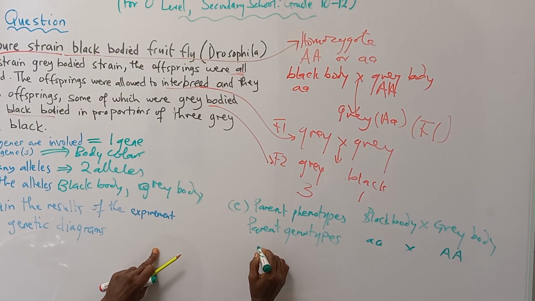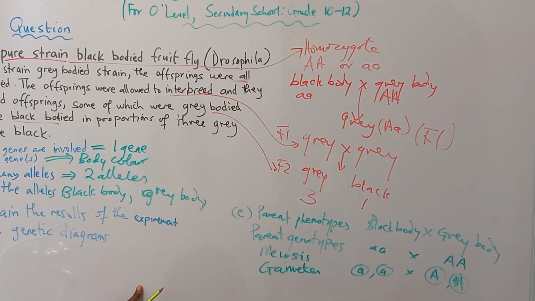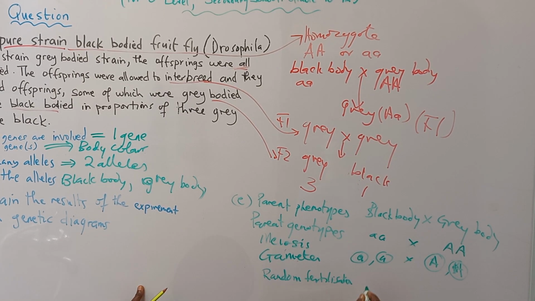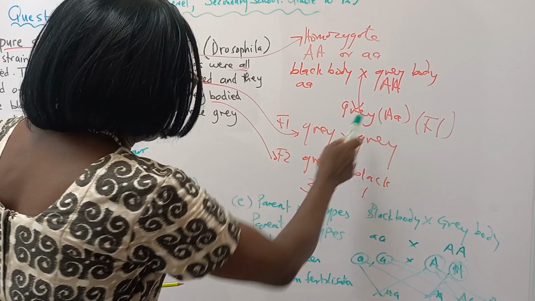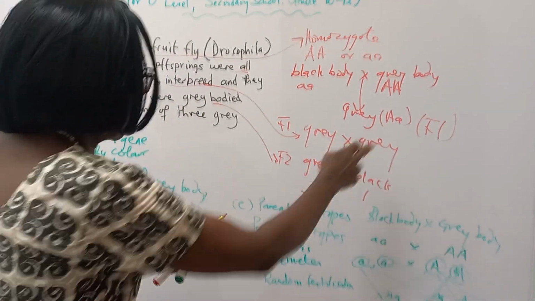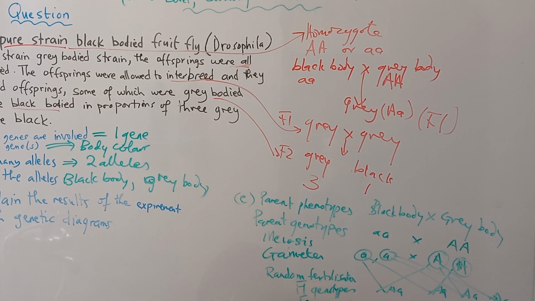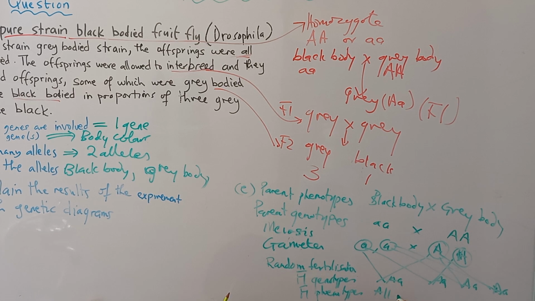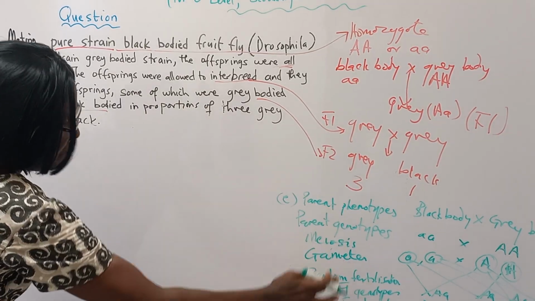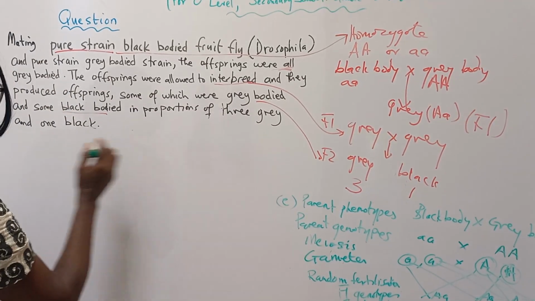There will be meiosis, gametes will be produced, random fertilization takes place, and all of it will be gray-bodied. That's the F1. And these F1 phenotypes, all gray-bodied. So here we have all gray here, and we are supposed to solve the F1s.